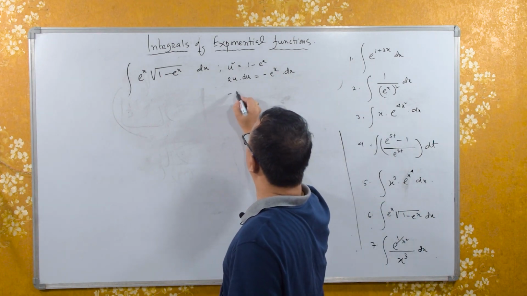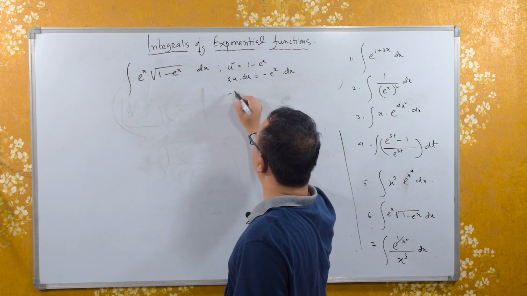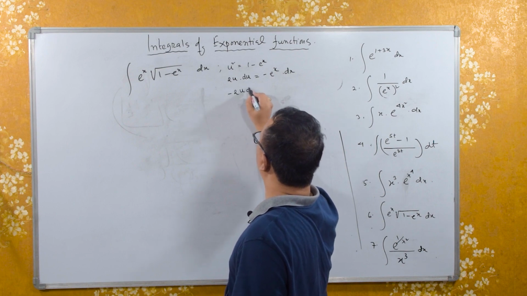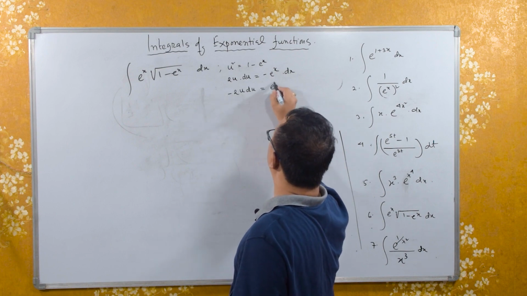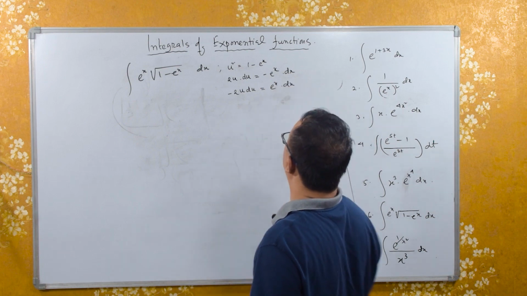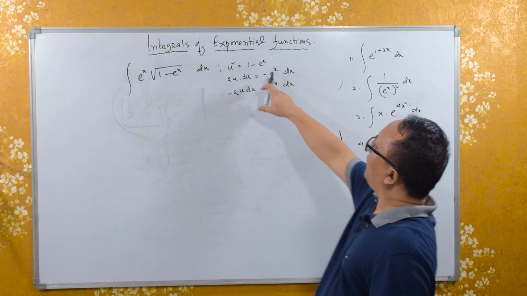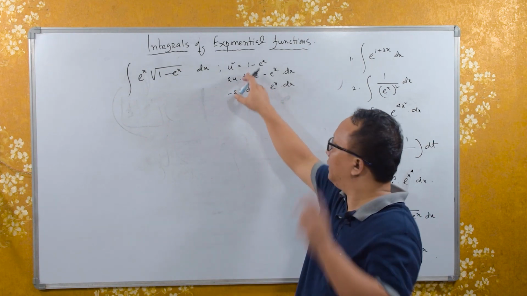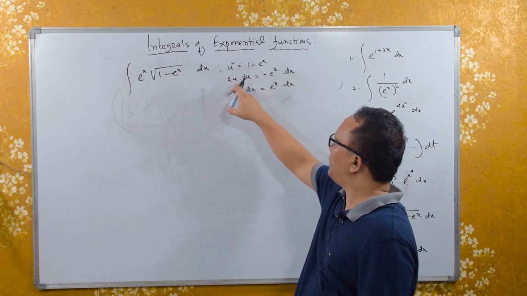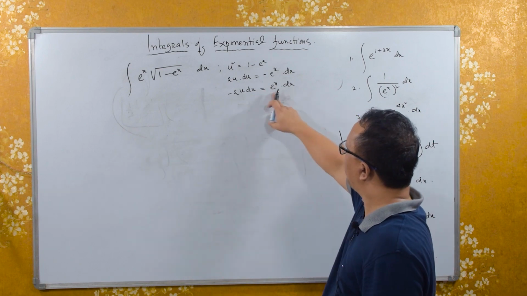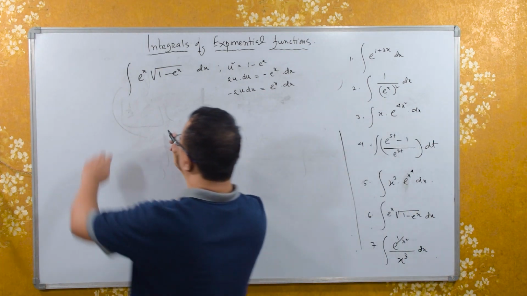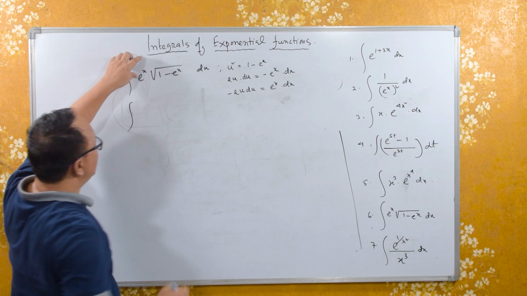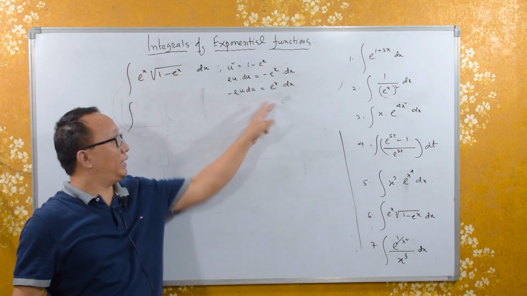I can send the minus to the other side, so e raised to x into dx will be minus 2u du. Why minus e raised to x? Because the differentiation of the constant is 0, and u square becomes twice u du. Now the integral e raised to x into dx becomes minus 2u du.